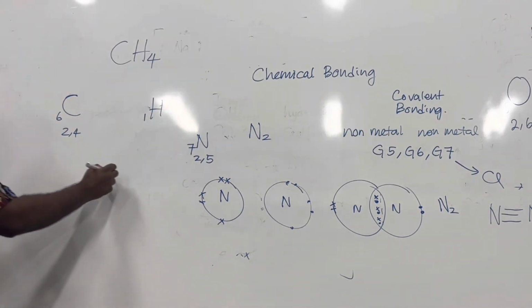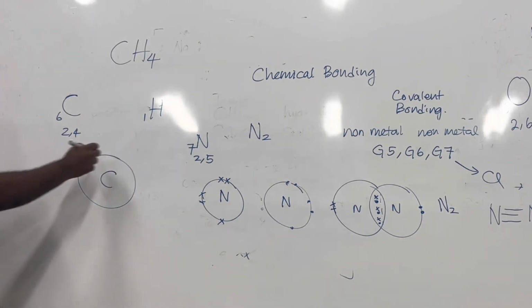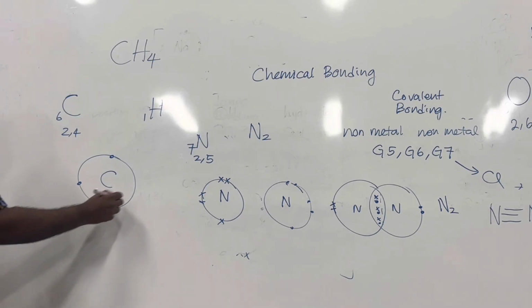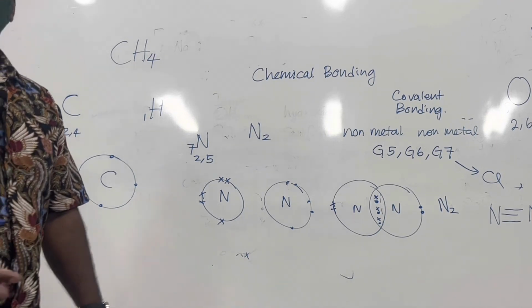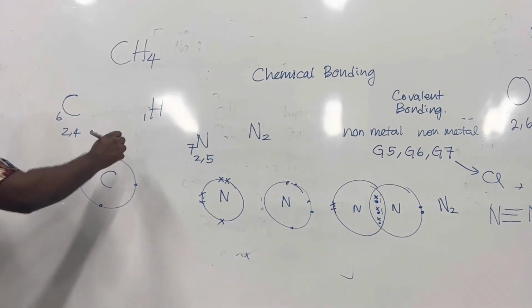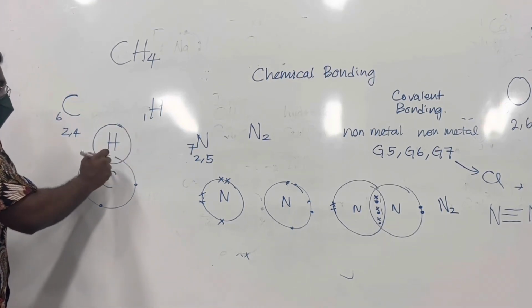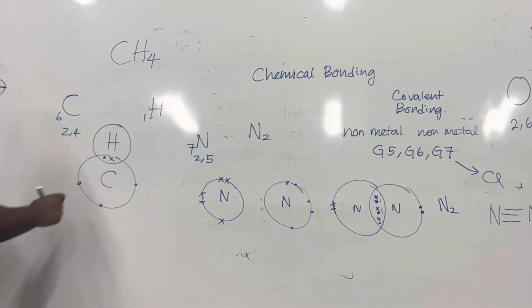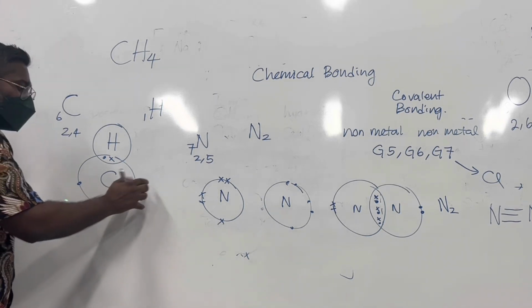So now you see here, carbon has 4. So I just put 1, 2, 3, 4. Hydrogen needs 1, but carbon needs 4. So what they do? They share with 1 hydrogen. Carbon will give 1, hydrogen gives 1. Not enough. Look for another hydrogen.